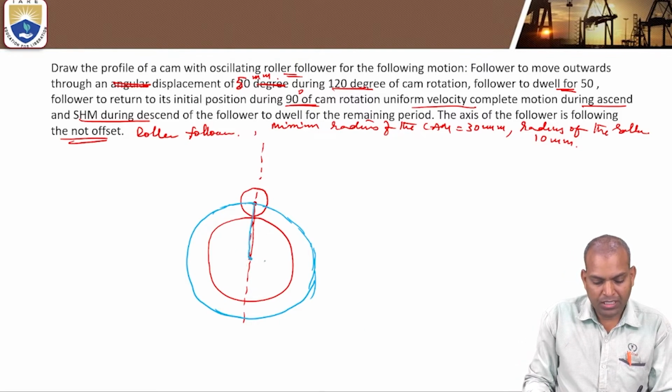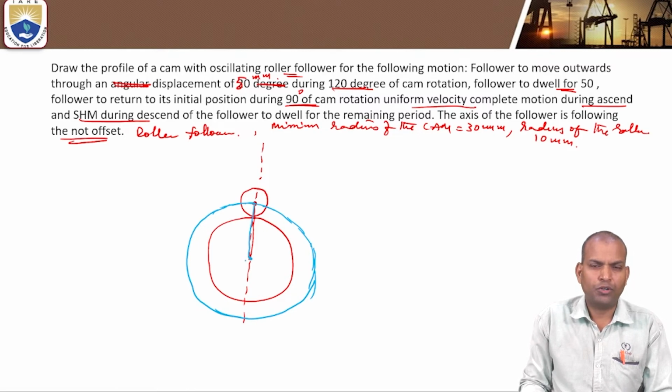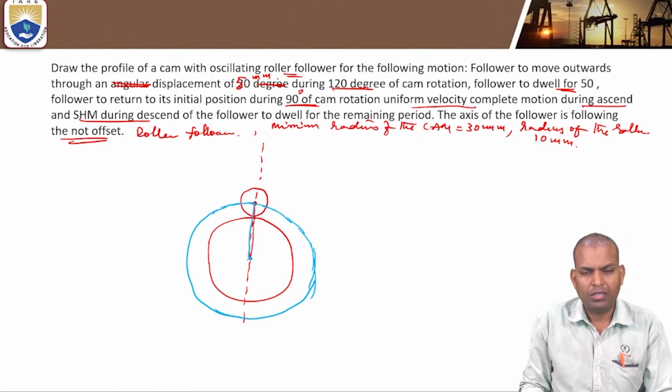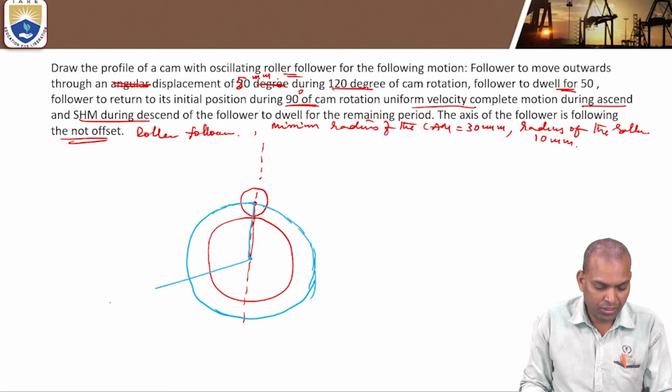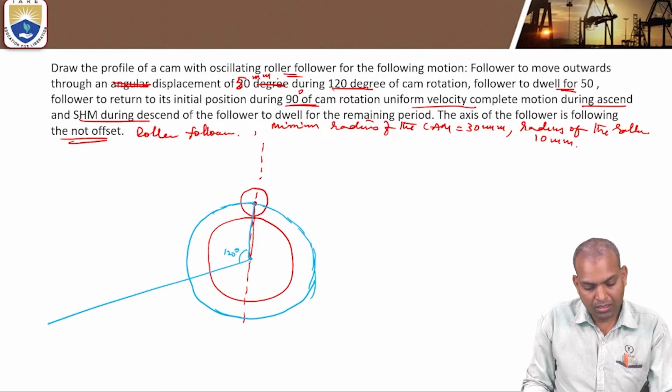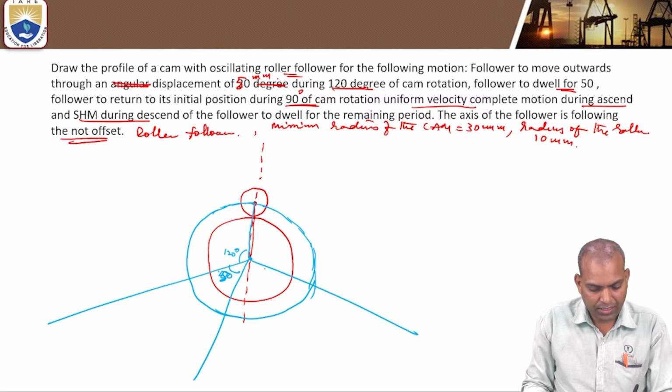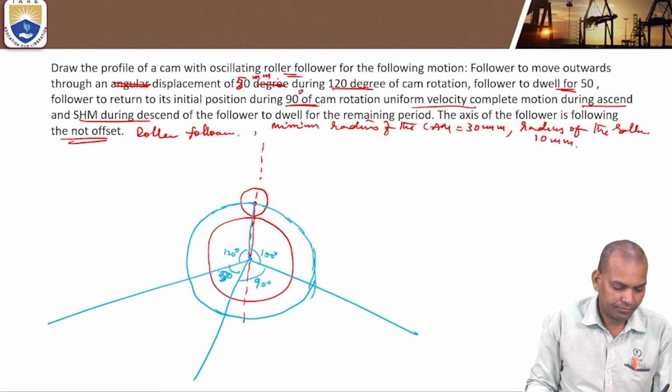Divide this prime circle; this is the reference point. With this, mark the outstroke and return stroke, theta OD and theta RD. Here theta OD is 120 degrees and theta RD is 50 degrees, next dwell 90 degrees, and the remaining is 100 degrees.